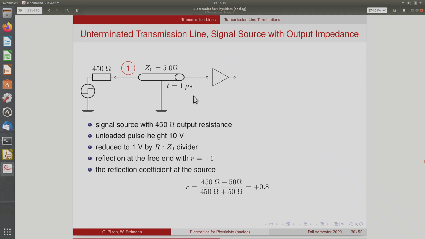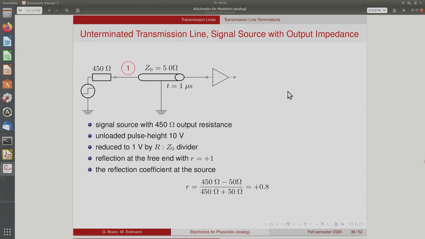So of course we know already that we will expect some reflection here, but what does it mean? We assume we have a pulse height from the source of 10 volts, and then this is reduced at this point here to 1/10 because the 450 ohms and the 50 ohms of the transmission line form a voltage divider.